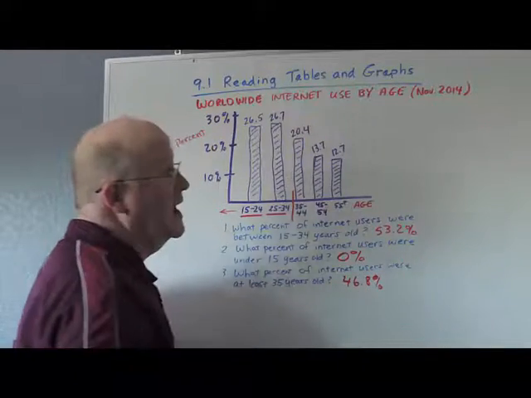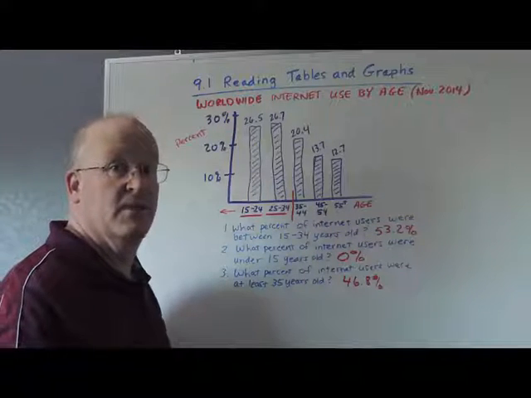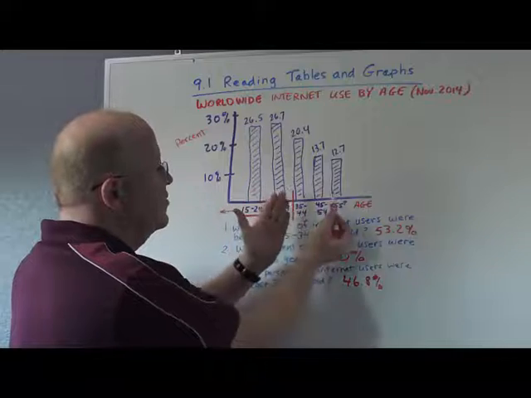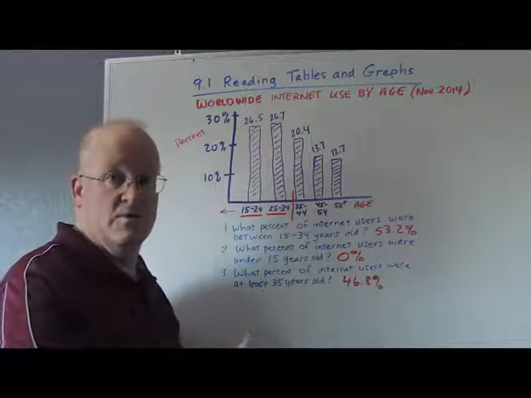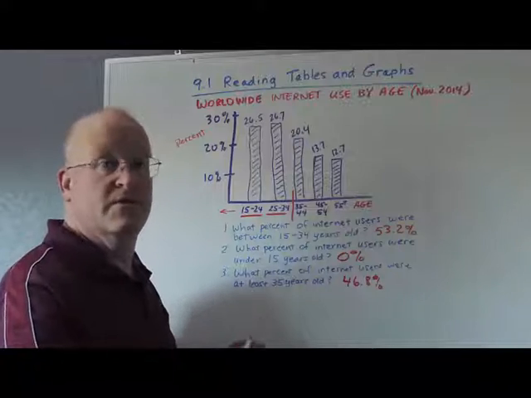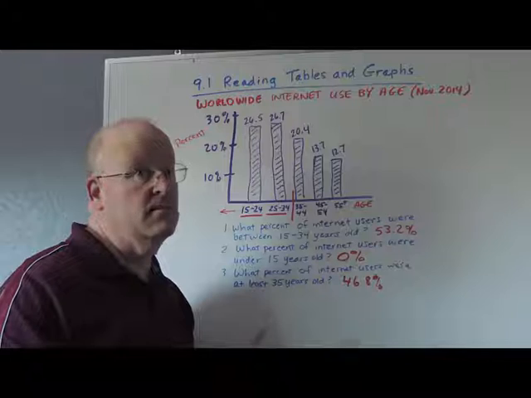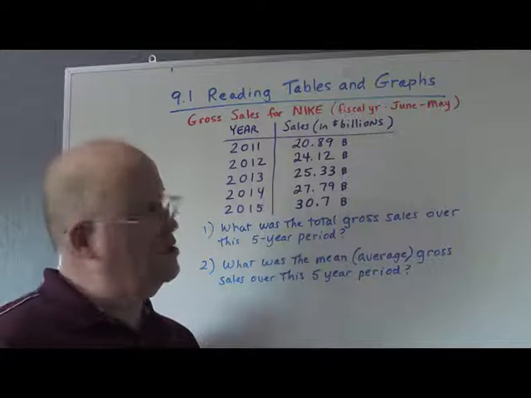Now, if you were to add these together, you would find out that you would get 46.8%. So there's two ways to do this. One is to add three values together. The other is to subtract these two from 100%. But you'd need to make sure first that all 5 of these categories add up to 100% before you go that route.